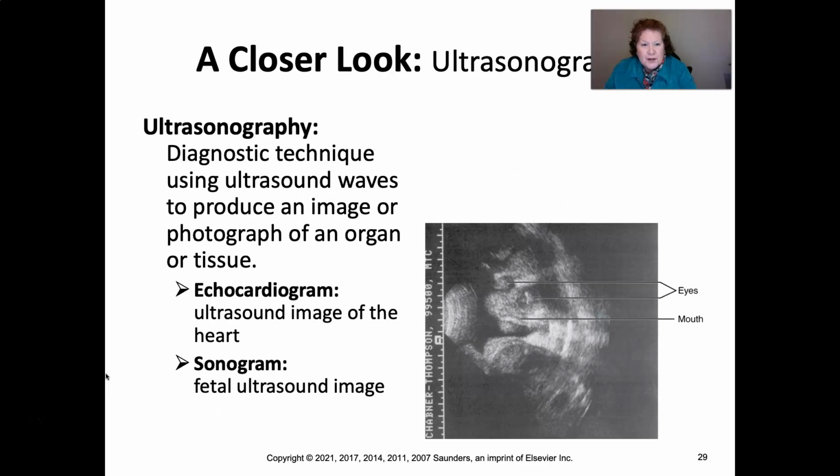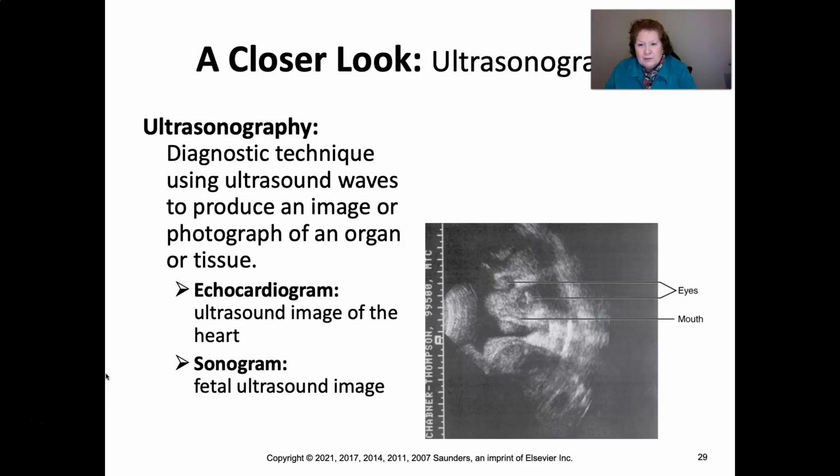Ultrasounds. For any of you who know someone who has been pregnant and has seen an ultrasound, a lot of times that's used to produce an image of the baby in the uterus. So you see the sonogram as a fetal ultrasound image. An echocardiogram is an ultrasound image of the heart as it's beating.